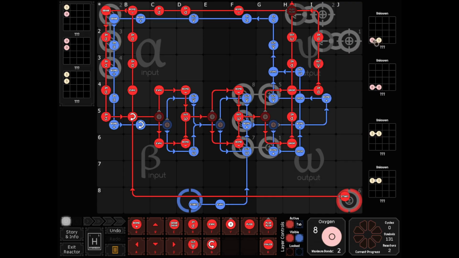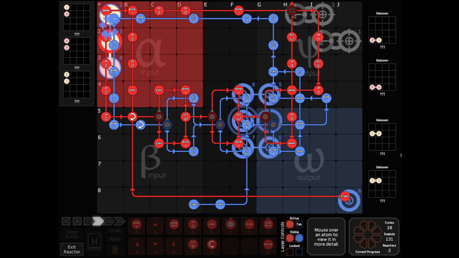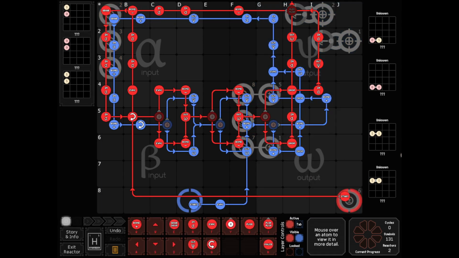So oxygen and sulfur here, 2 oxygens there, and this one outputs only sulfur, but sometimes with 1 bond, sometimes with 2 bonds. Okay, interesting. Then I'm downloading another solution here by Brokios.